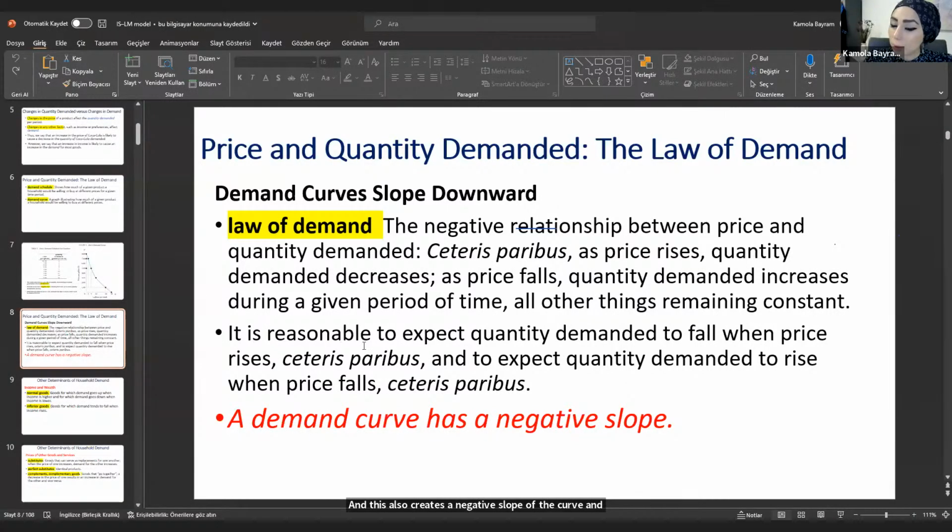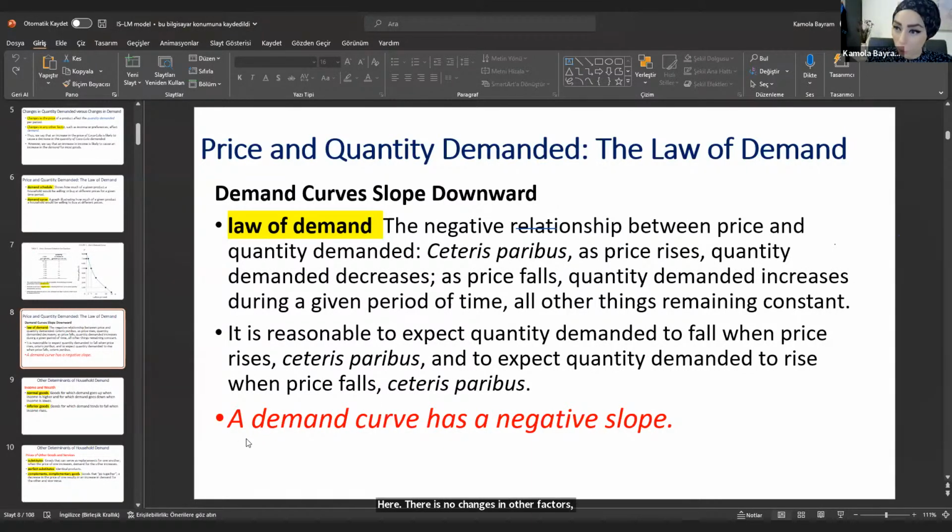It is reasonable to expect quantity demanded to fall when price rises, ceteris paribus, and to expect quantity demanded to rise when price falls, ceteris paribus. Again, we have to highlight that all other things are equal here. There are no changes in other factors.